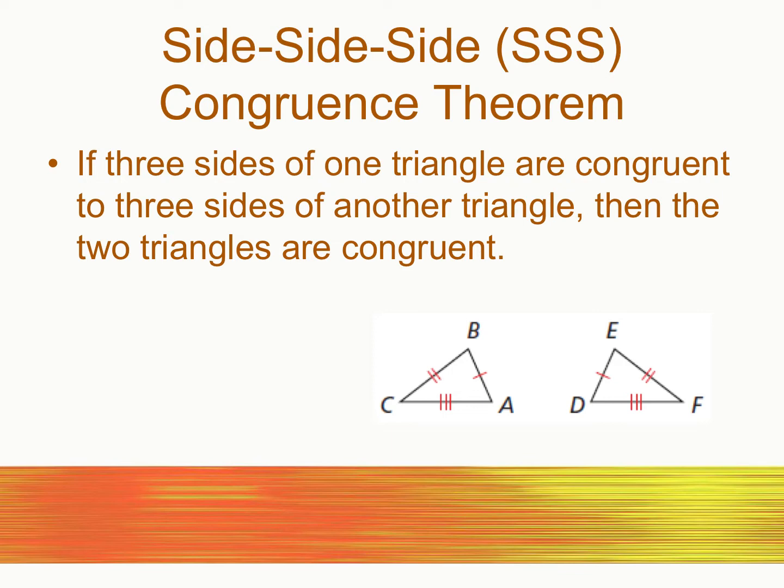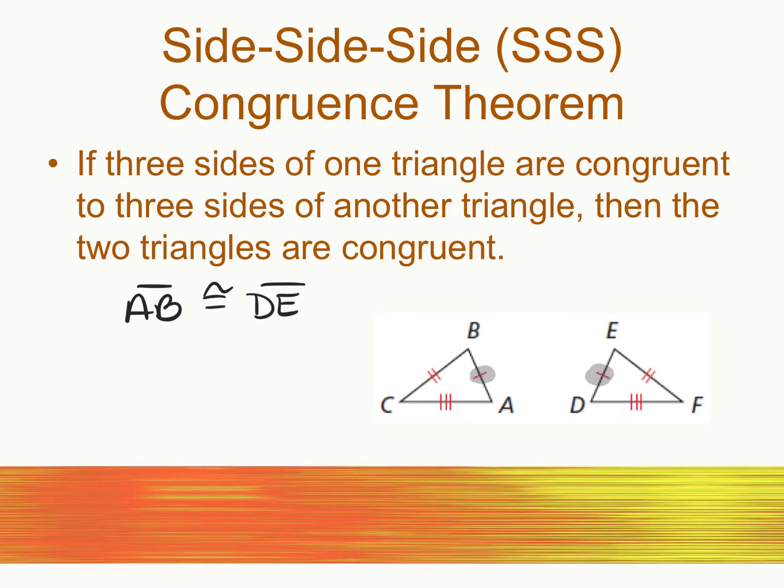Notice here that side AB has a single mark, and I'm going to match it with the side that has the single mark in DEF. So my first statement could be AB is congruent to DE. Then I can go back and look for the next marking.